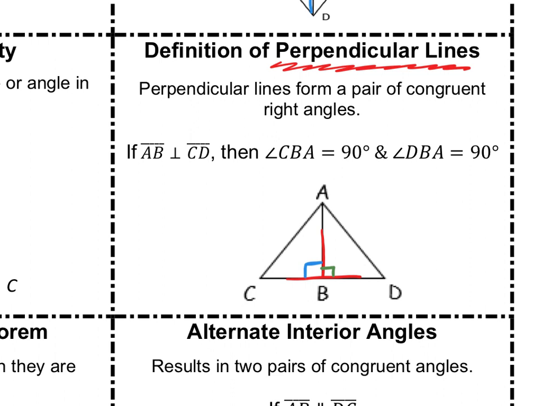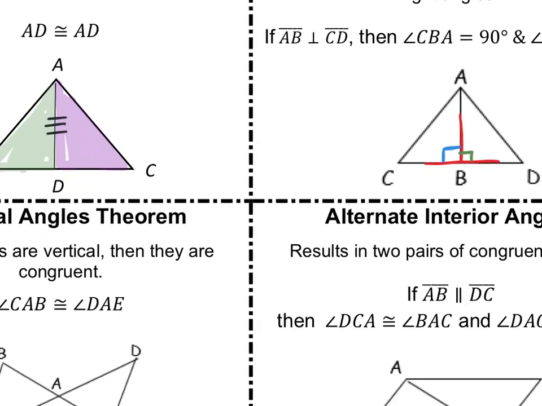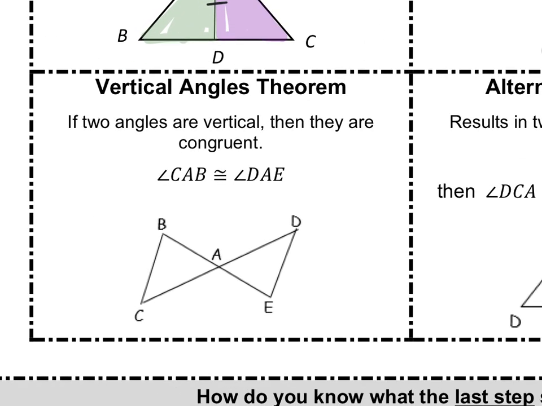They form a right angle on both sides. A couple more pieces of hidden information. The vertical angles theorem says that if two angles are vertical, meaning across from each other, like this angle and this angle, then they are congruent. So we could give them the same tick marks. Vertical angles are congruent. They may not mark them for you, but you need to remember always that vertical angles are congruent.